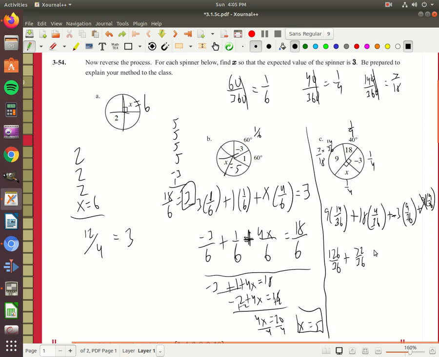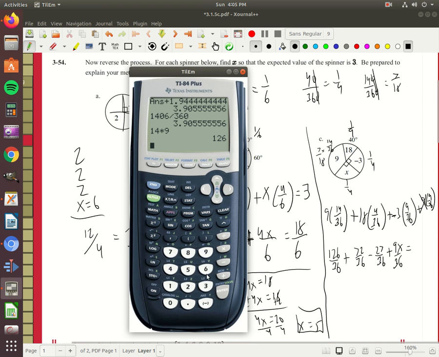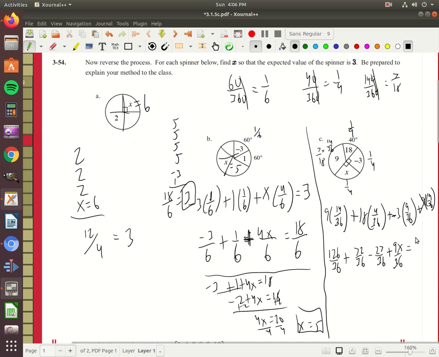That's minus 27 over 36, plus 9x over 36. And that's got to equal whatever 3 is, and it's just going to be 3 over 1, which I'll multiply by 36. So that's going to be 108 over 36, because 108 divided by 36 equals 3.